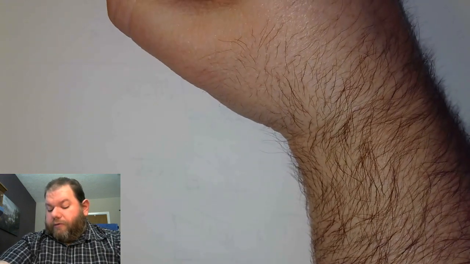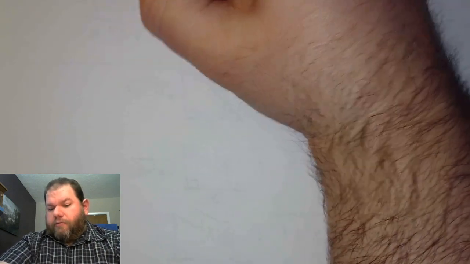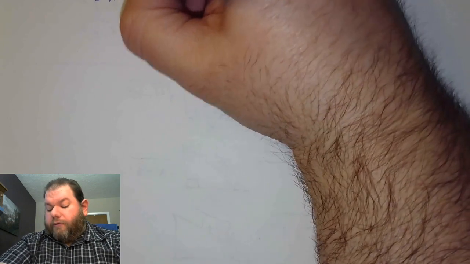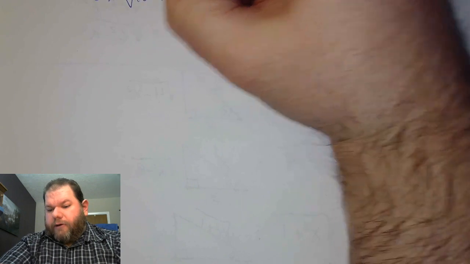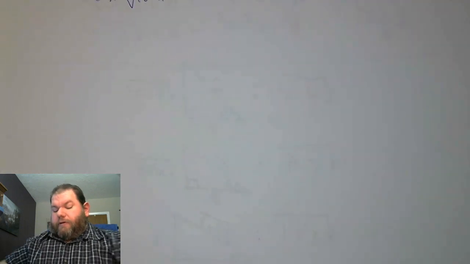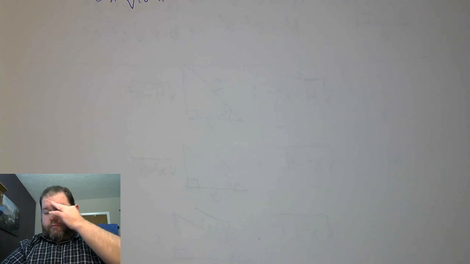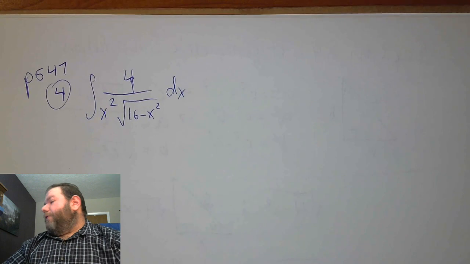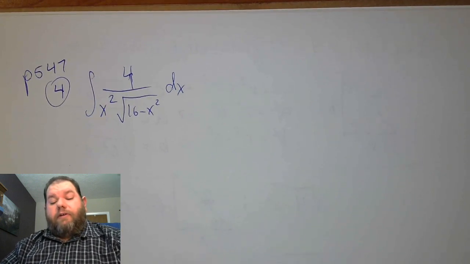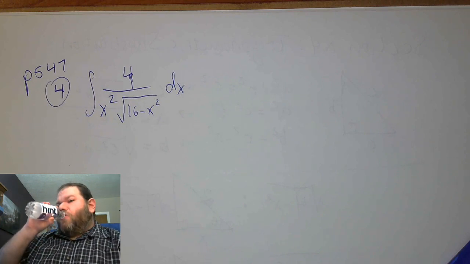We have the integral of 4 over x squared times the square root of 16 minus x squared dx. Okay. Sorry, here we go. So this is the integral that we're working with.